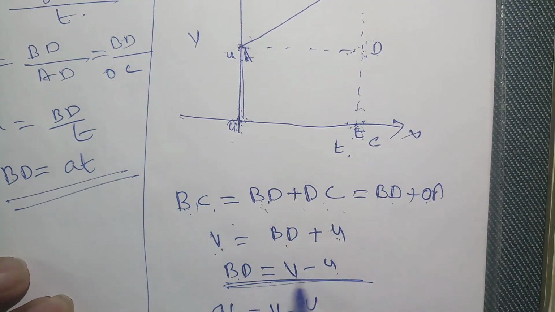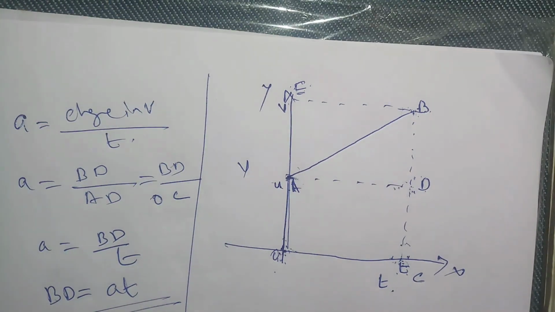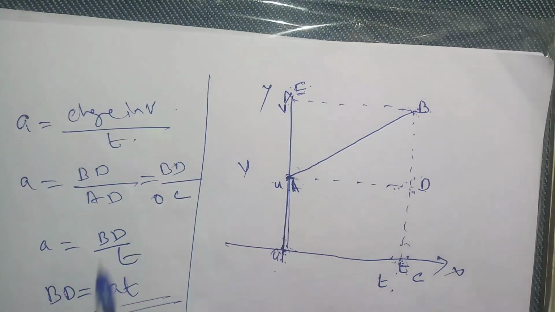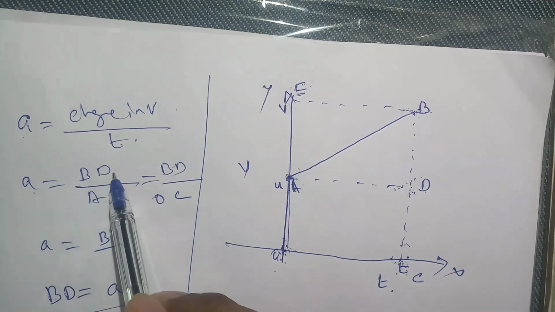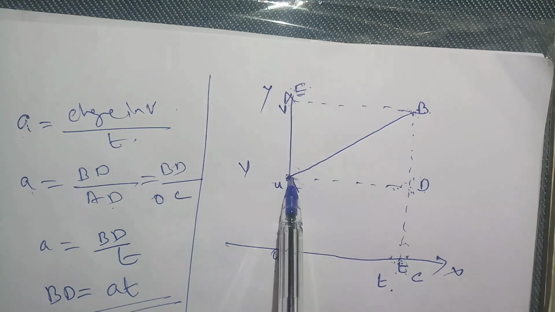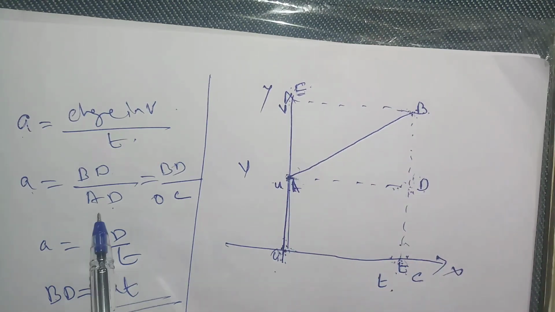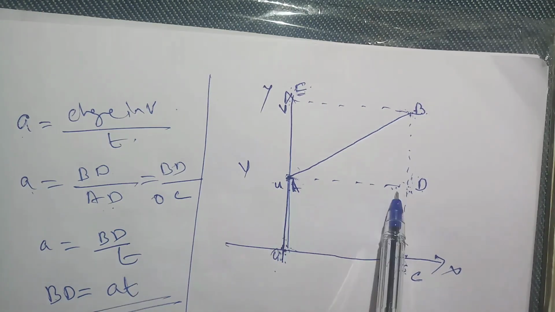So after this one we are stopping here and we are going again to this one. Acceleration is change in velocity by time, or acceleration is BD by AD, that is the change in velocity: initial velocity is here, final velocity is here. So this is the change in velocity. BD divided by time is this one, AD, or this one.